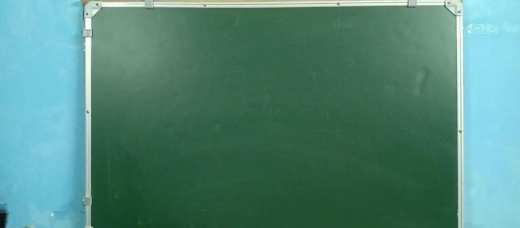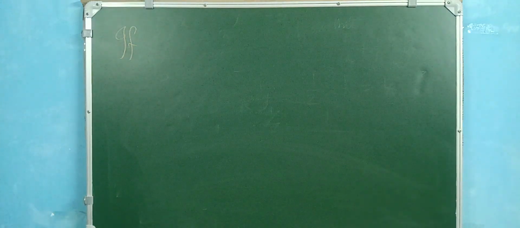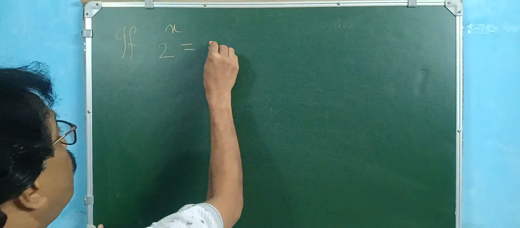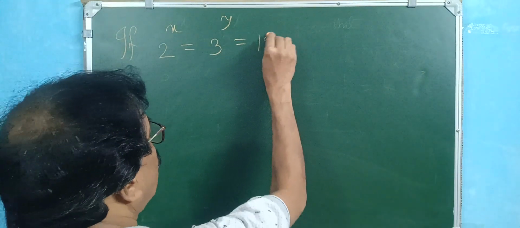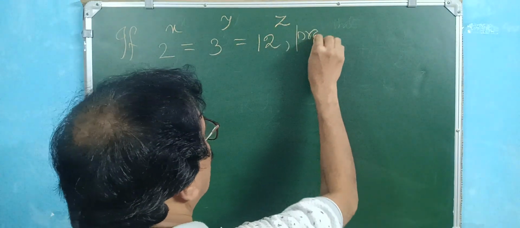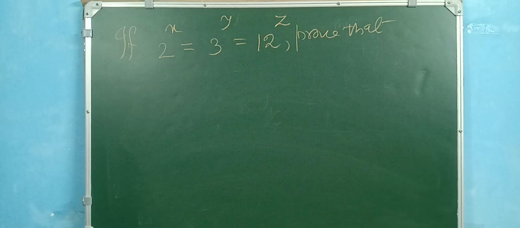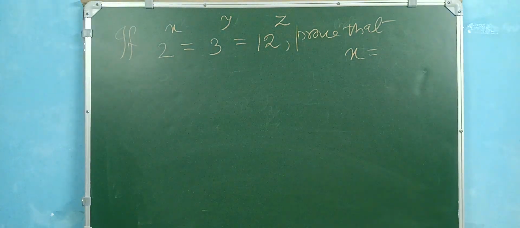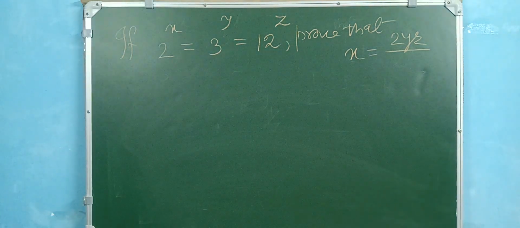Suppose, what is the sum? Copy it very carefully. If 2 to the power x equal to 3 to the power y equal to 12 to the power z, prove that x is equal to 2yz by y minus z.